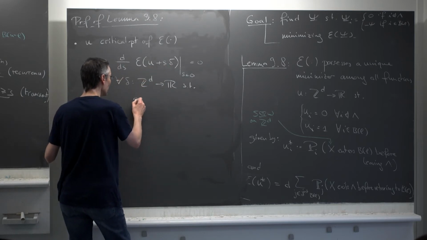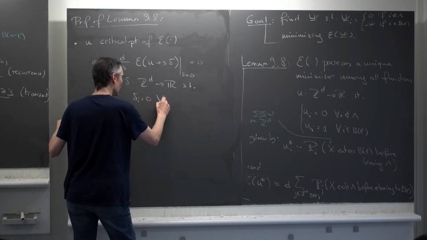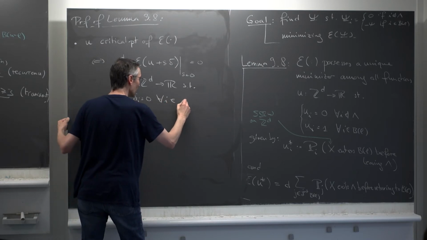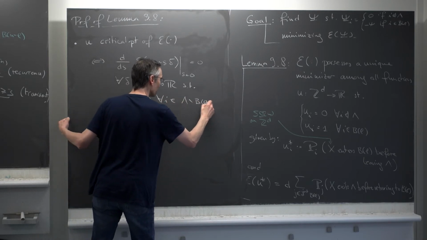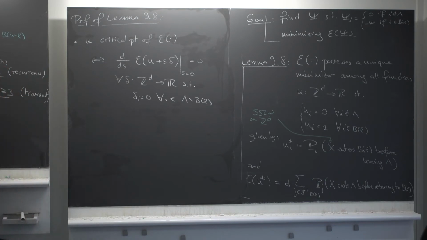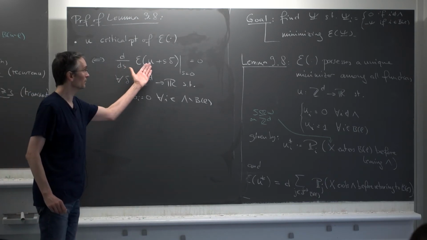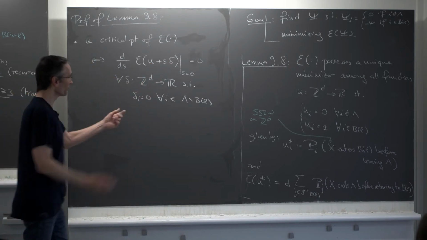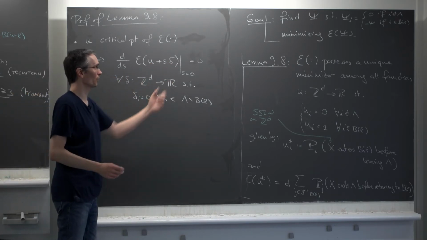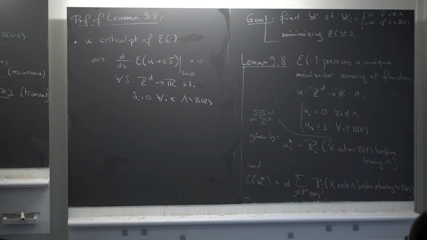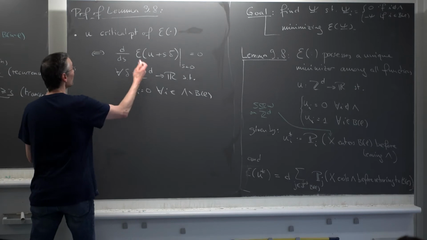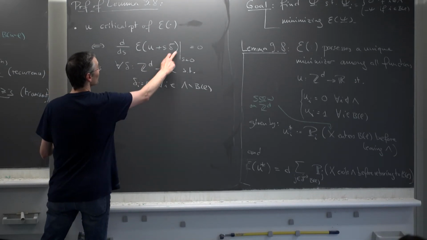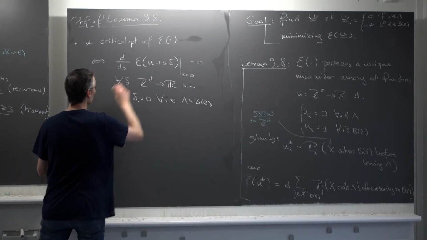So delta has to be 0 for all i which are not in Lambda minus B_L. Okay? I'm just writing the derivative in direction delta, and I want the derivative in all possible directions to be equal to 0. I'm looking at the critical point of the functional. Now that's pretty good because this is something that we can compute explicitly.